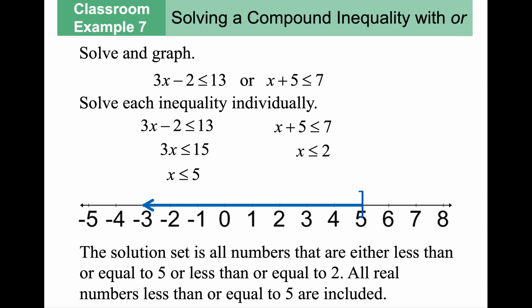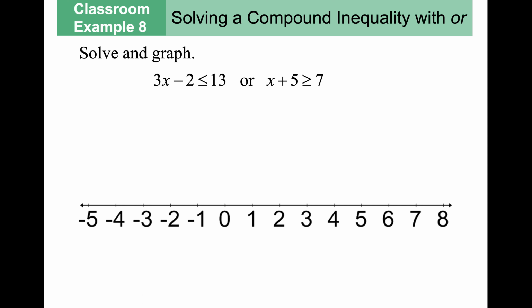If I look at every number that is less than or equal to 5, every number that is less than or equal to 2 is included in that set. So, in that way, my solution is negative infinity to 5. Notice negative infinity comes first because it's smaller. There's a bracket because it equals 5.